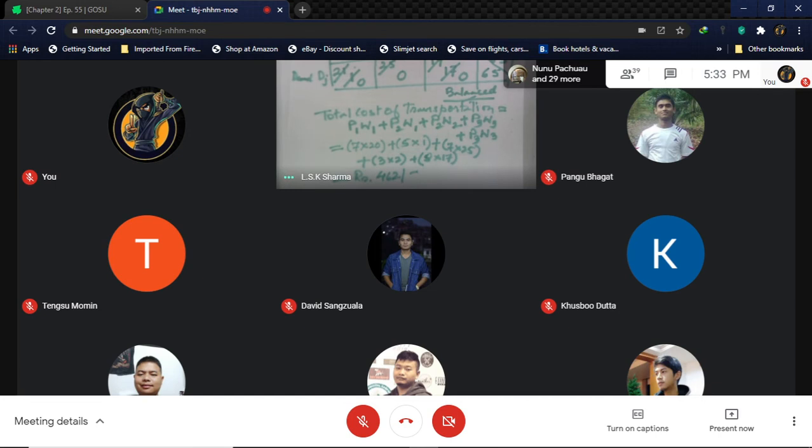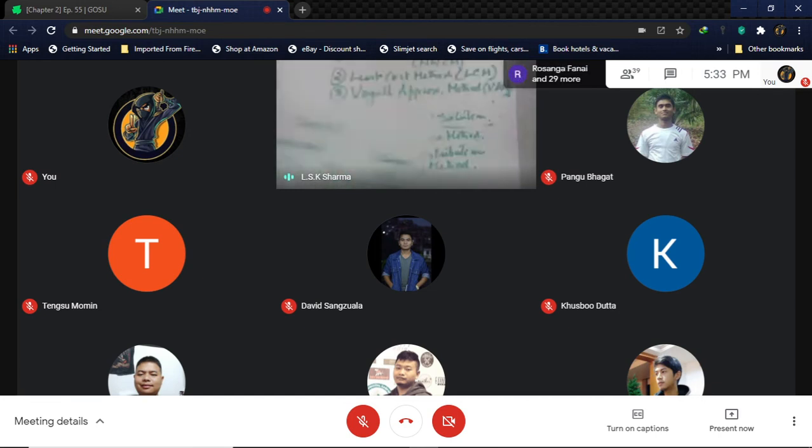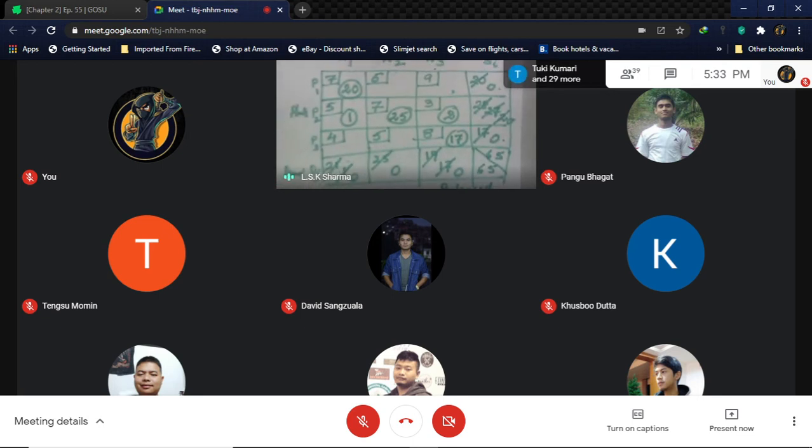Okay, now let's go to the second method. Second method is called the least cost method. It is also quite similar to this, but here what we do is we start with the least cost. If you look into the northwest corner method, we don't bother about the cost. You see that this is 7 rupees and this is 6 rupees.